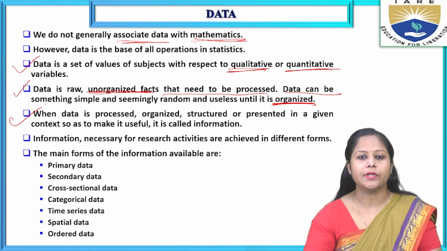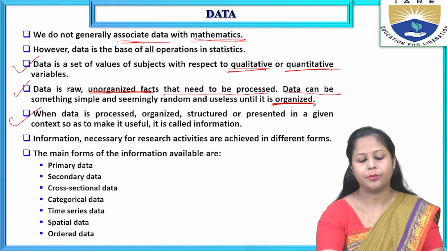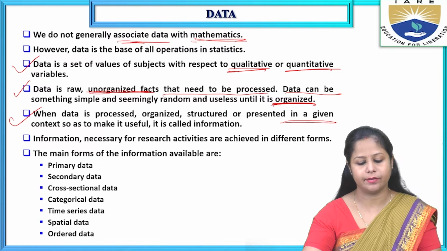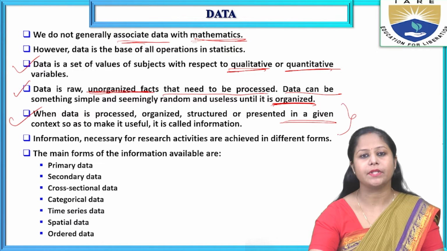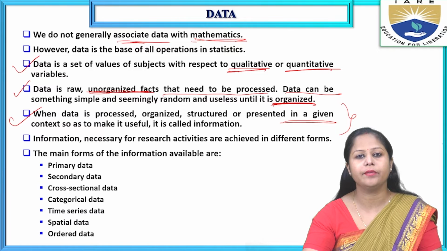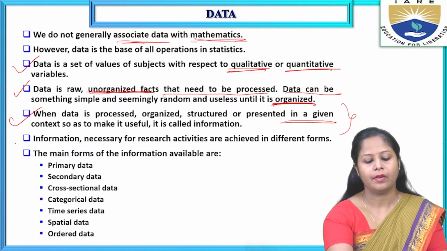When data is processed, organized, structured and presented in a given context so as to make it useful, it will be useful for presentation, and that we call information. So the facts that are presented, we call as information.